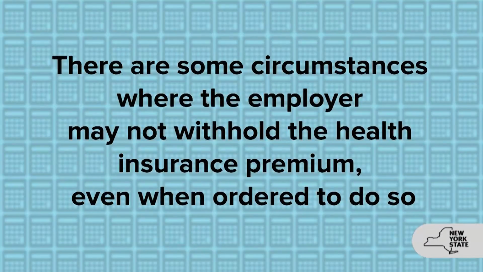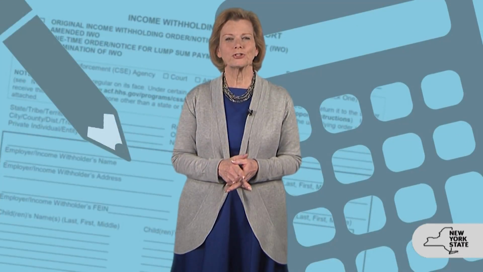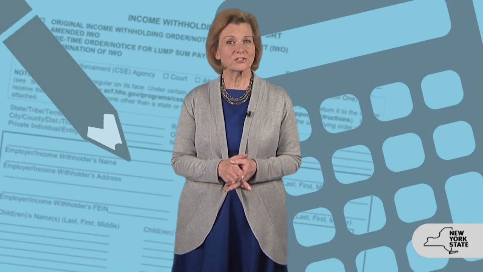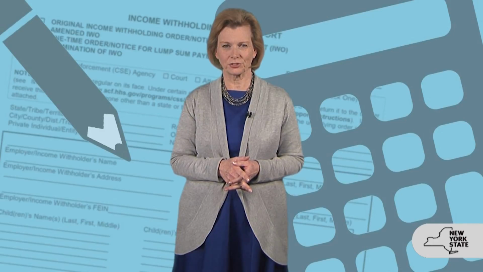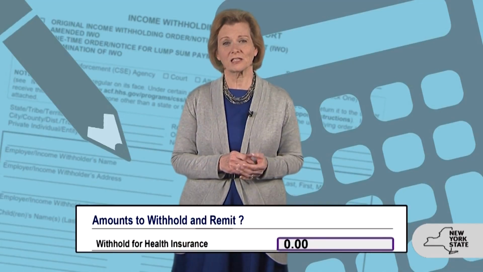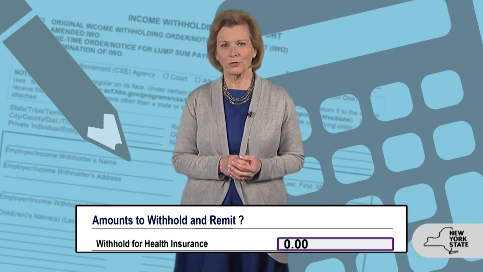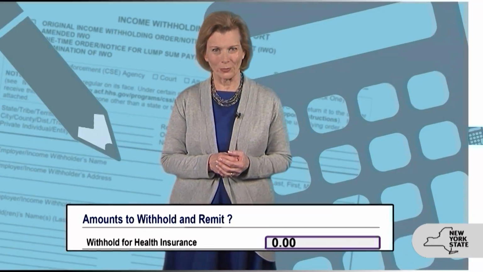There are some circumstances where the employer may not withhold the health insurance premium even when ordered to do so. This happens if the total current support plus the health insurance premium paid by the employee for dependent coverage exceeds the maximum withholding amount. In these cases, the amount in the calculated field Withhold for Health Insurance displays as 0.